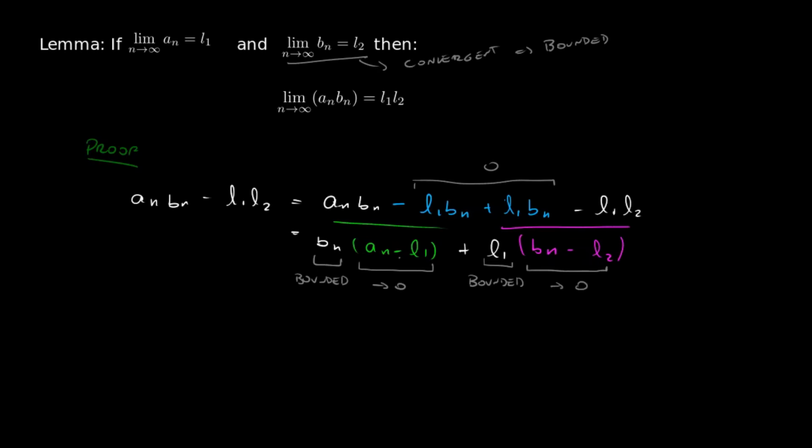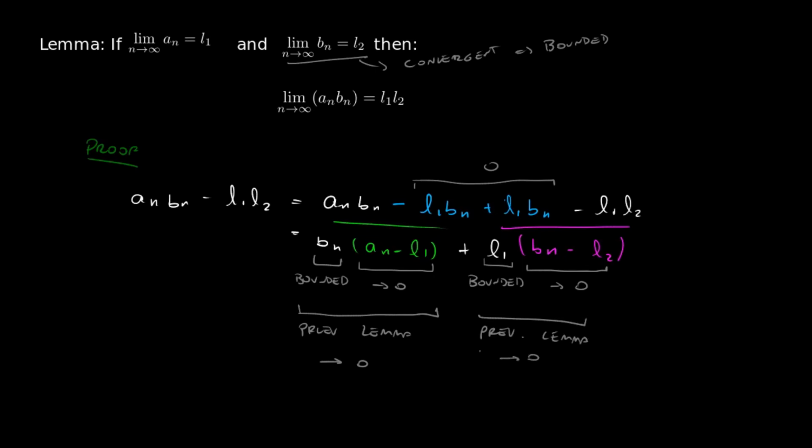So we have two products, each of a bounded element and an element that tends towards 0. And the previous lemma we just proved told us that this product had limit 0. And the same would happen with this one.